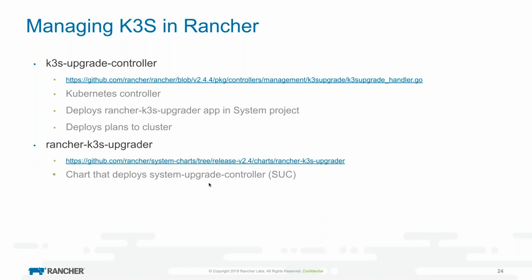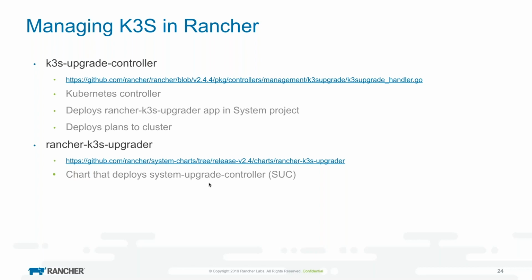It deploys the Rancher K3s upgrader, which is basically a chart wrapper around the system upgrade controller. When that is deployed, it will deploy a plan, and that plan, as you can probably guess by now, will contain the version that we got from the channel server in the UI and that we pass on cluster edit, right? So we edit the cluster, we say we want to go from the current version to a new version, and that new version is provided by the embedded channel server.